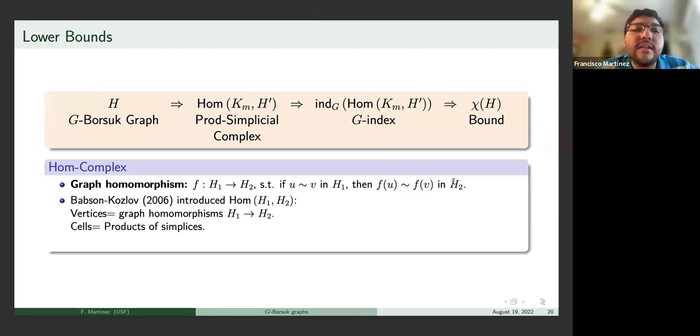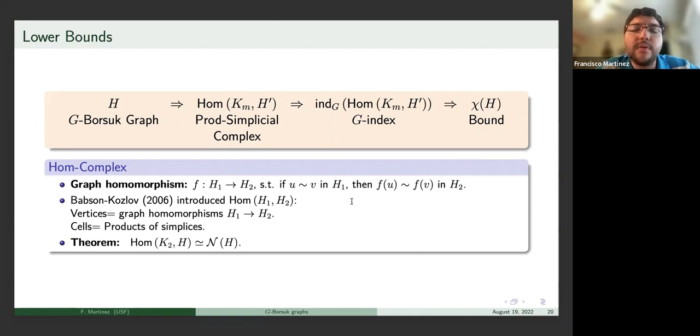So in 2006, Babson and Kozlov introduced the idea of Hom-complex between two graphs. The vertices of this Hom-complex are graph homomorphisms between the two graphs, and they give a topological structure to this. I'm not going to explain the whole idea, but the cells of this topological structure are products of simplices.